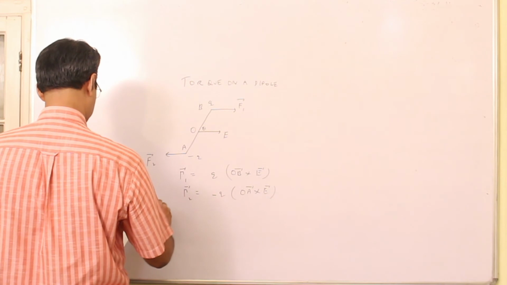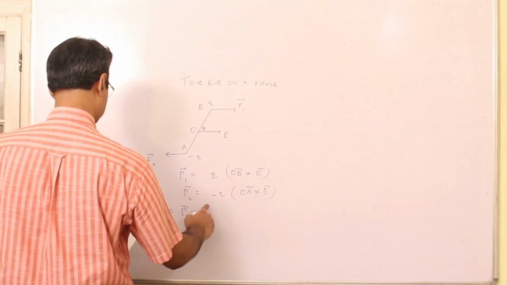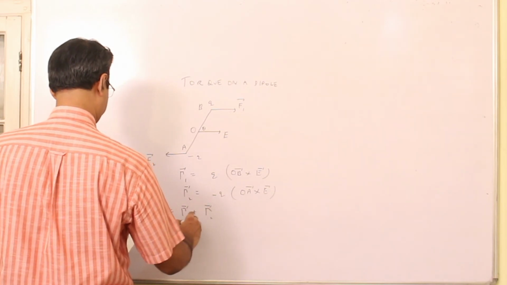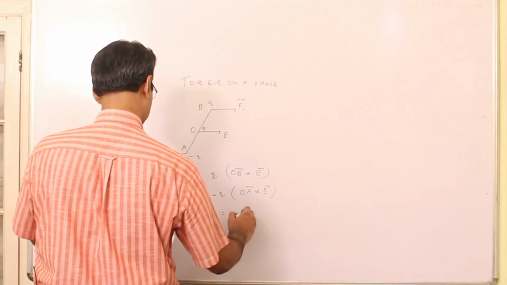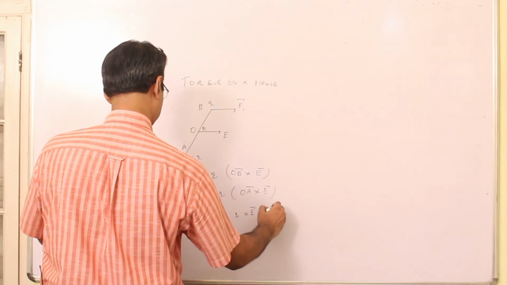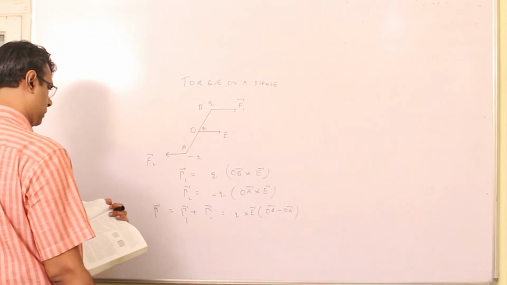So the total torque will be the sum of these two torques, that is Q into E into OB minus OA.